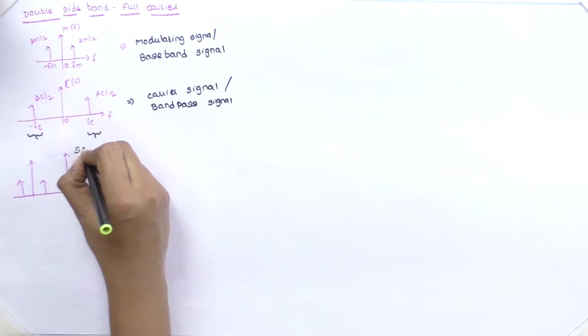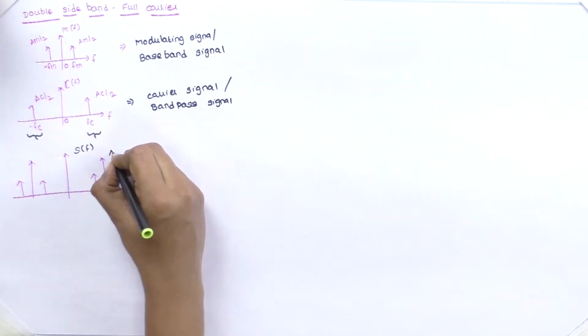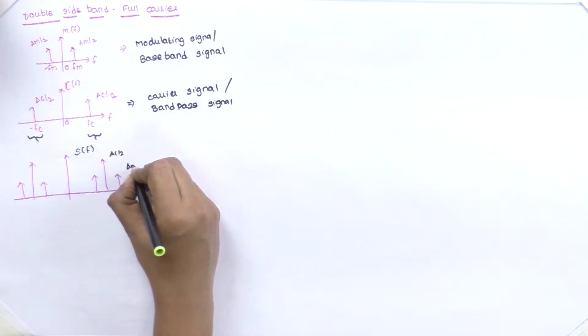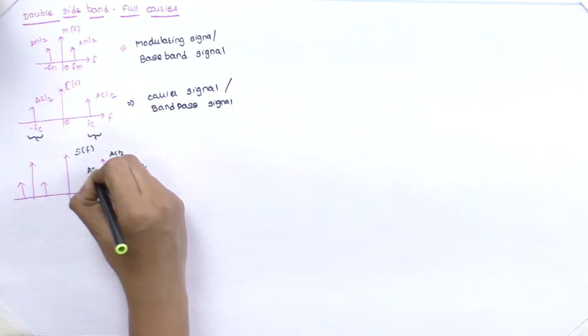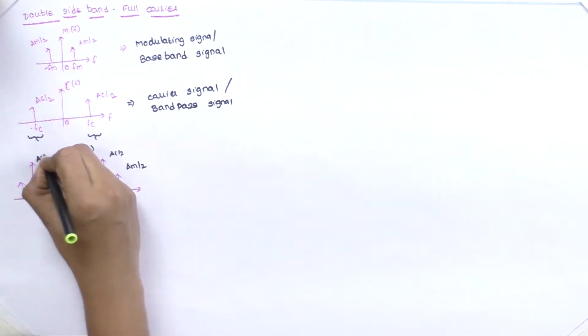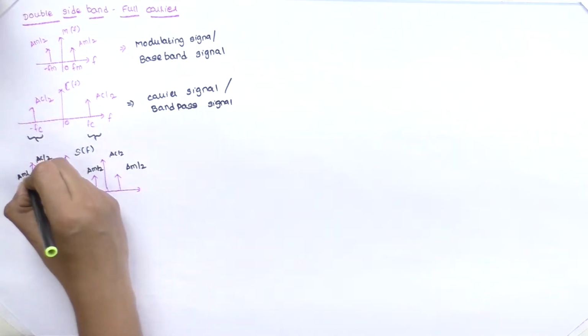Here this is our modulated signal, Ac by 2, and here it is Am by 2 and here it is Am by 2.